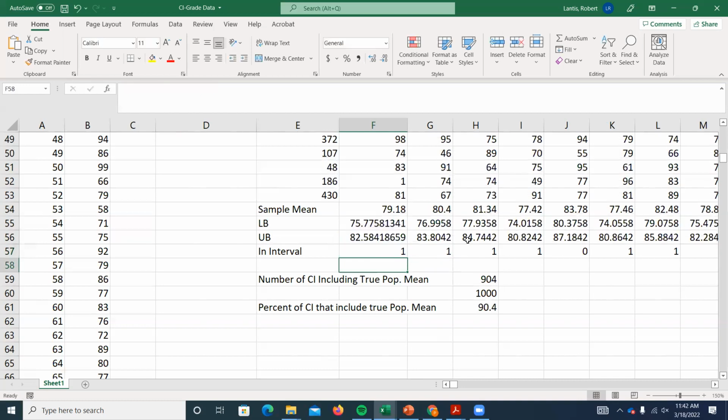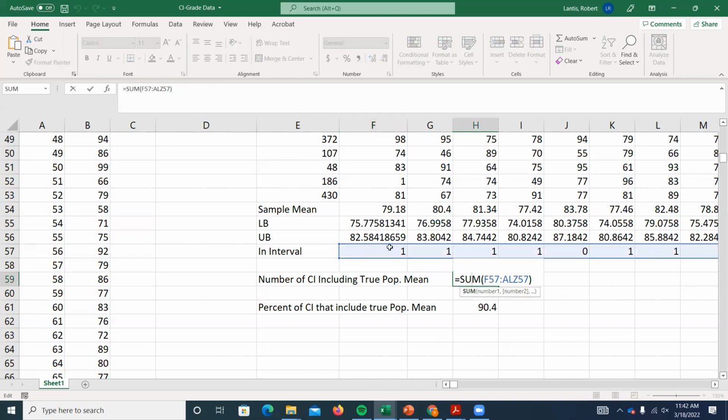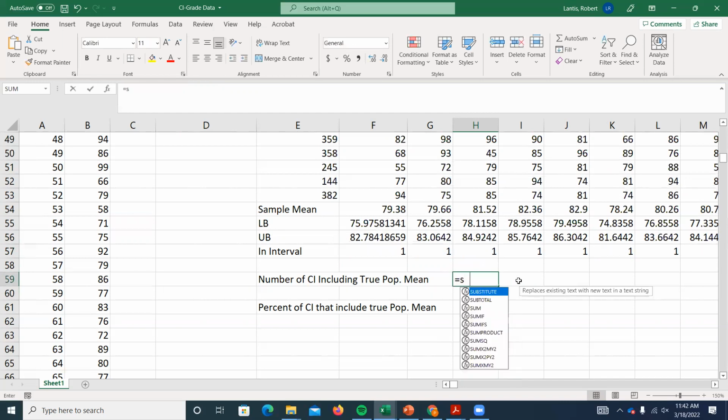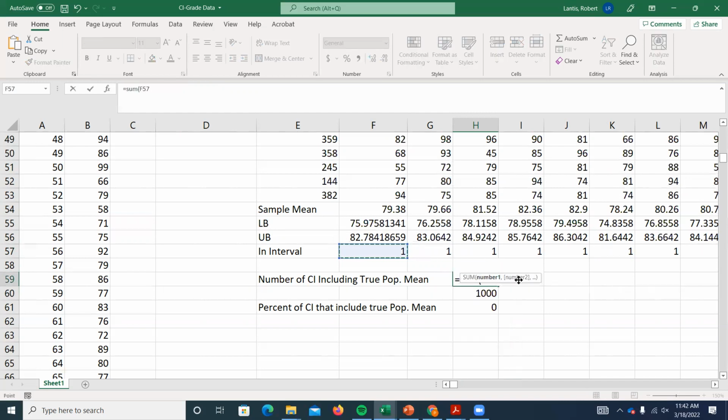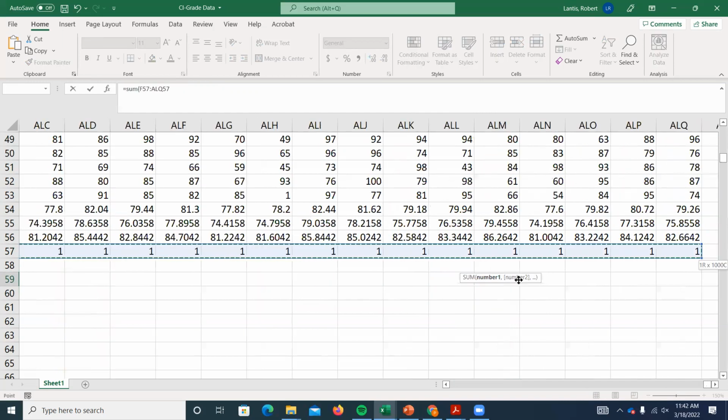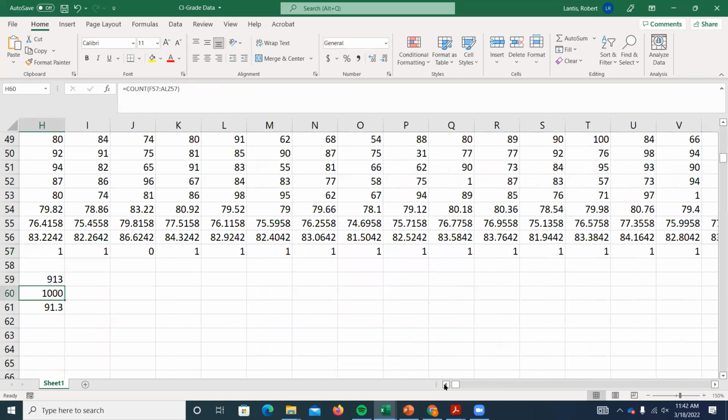So I've identified for all these different samples whether, once I found the sample mean and built these confidence intervals, it included the true population mean. I then added all these up by just using the sum function. For instance, I could go equals sum, control shift, hit the over, hit enter. It's pretty easy to do.